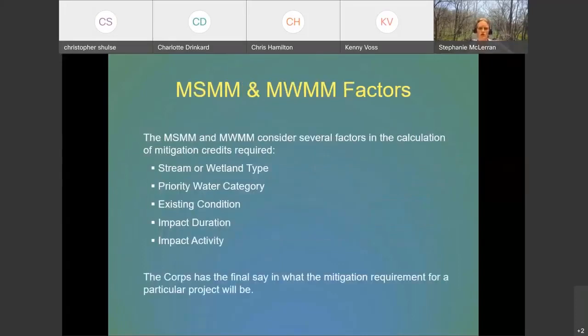There are different factors that are used to make these calculations, and we just have to follow the method. We might come up with a number, but the Corps has the final say on what the mitigation requirement is. So we might have some idea, but they might say we need a little more or a little fewer credits than what we calculated.